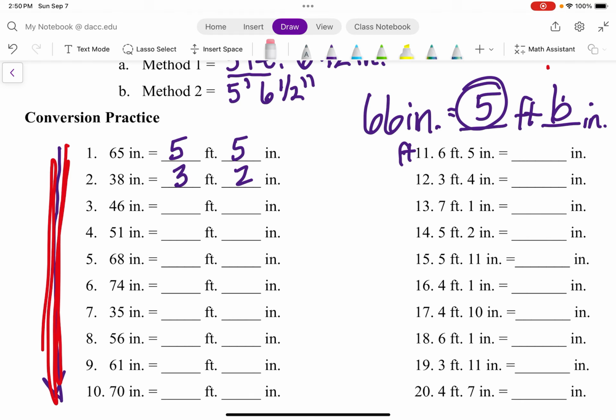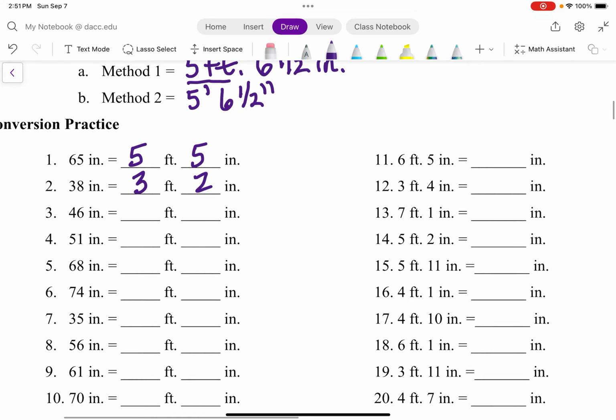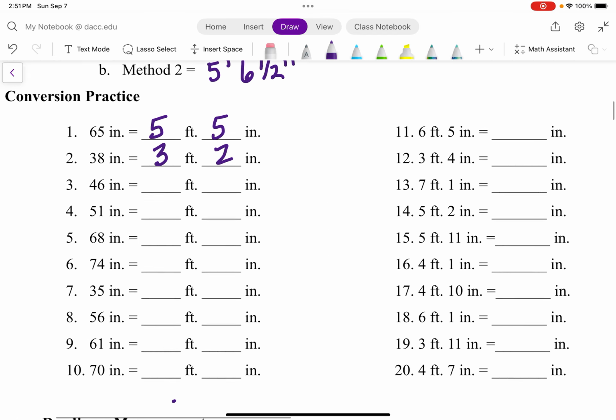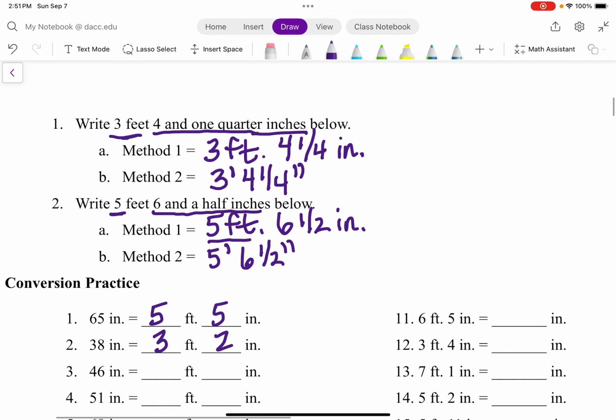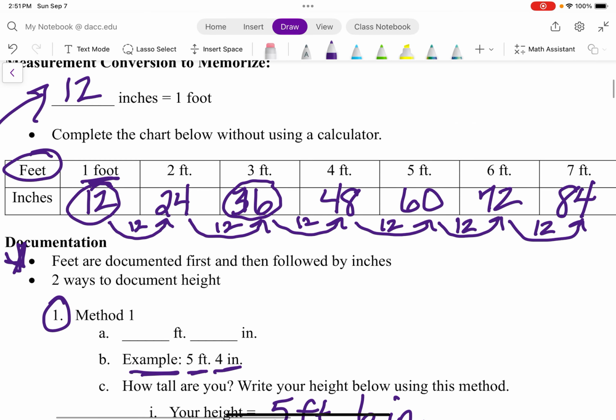So we'll do one more example of these, and then we'll go to numbers 11 through 20. So let's look at number 3, 46 inches. Let's scroll up once again. So 46 inches. If we made this chart, which one of these is closest to the 46 inches without going over?